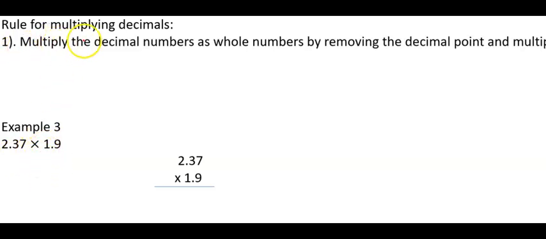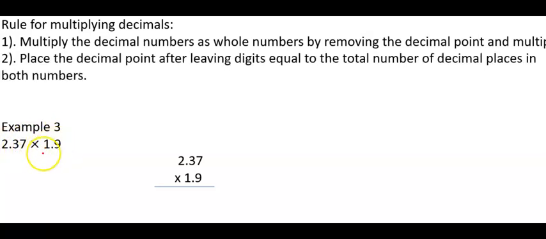So we're going to multiply these numbers as whole numbers by removing the decimal points. So pretty much we ignore the decimal points, just multiply like 237 times 19. But of course, when we do that, we change the question, because we ignored the decimal places.